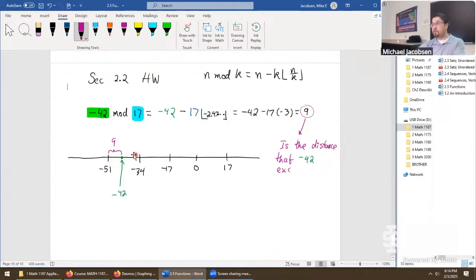We're not talking the closest distance to the next multiple. We're talking distance away from the prior multiple. Exceeds the next multiple, or let's say the prior multiple, of 17. But when we did the negative modular arithmetic, the prior multiple of 17 you were concerned about was that negative 51 right there.